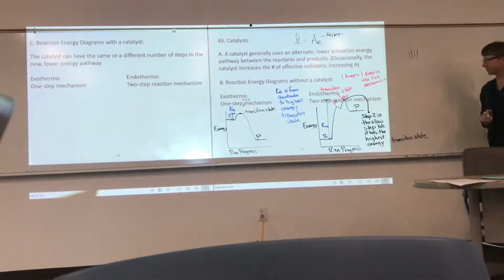Step 2 is the slow step because it has the highest energy transition state.